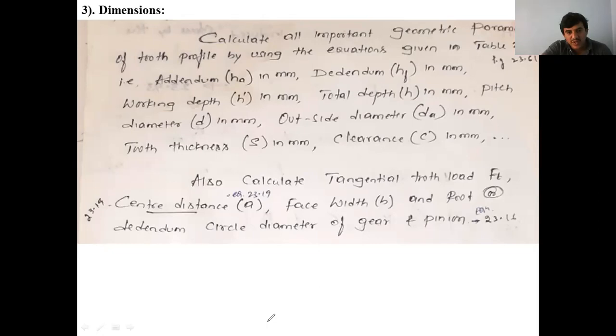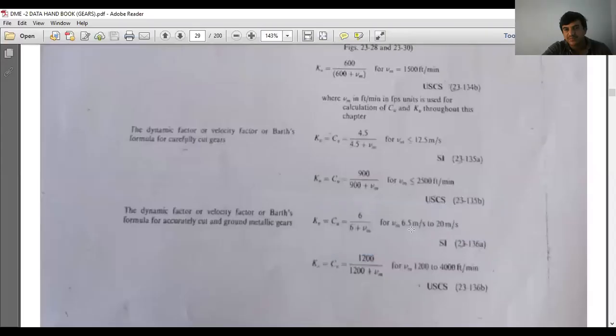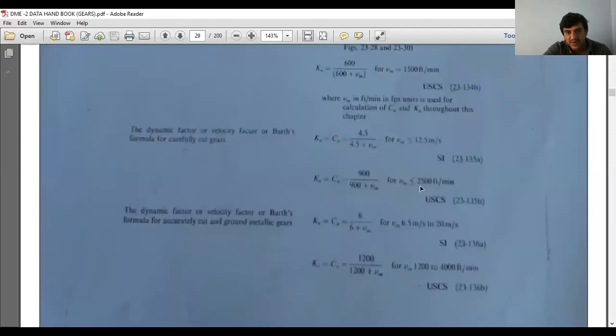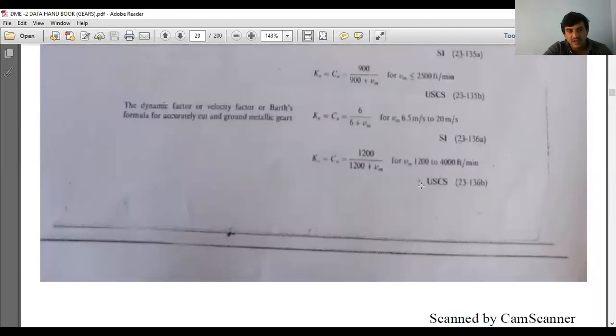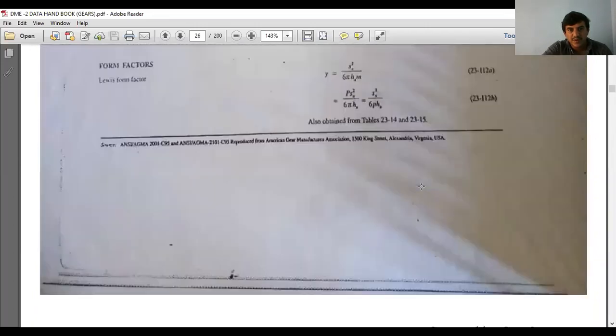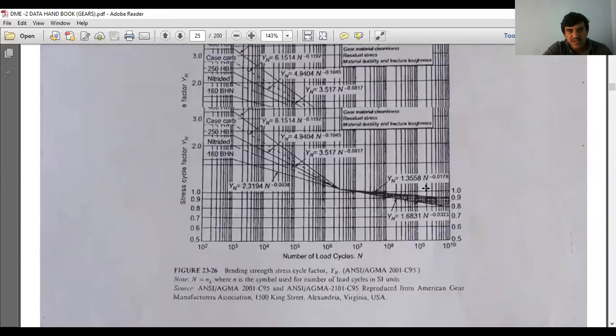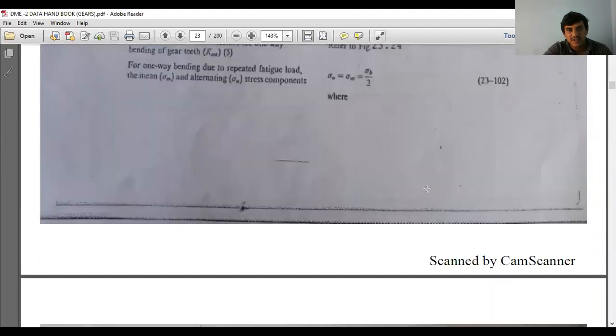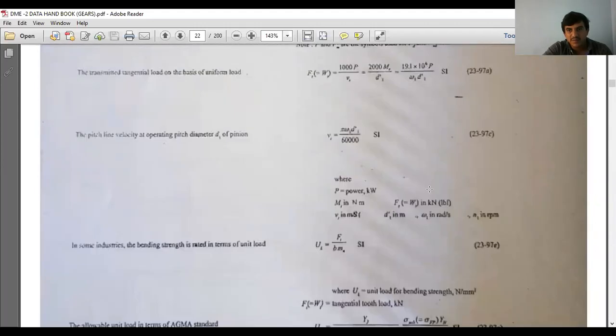Yes, now we'll go to the data handbook. Table number 23.1. The first equations will come, next figures will come, next the tabular column will come.